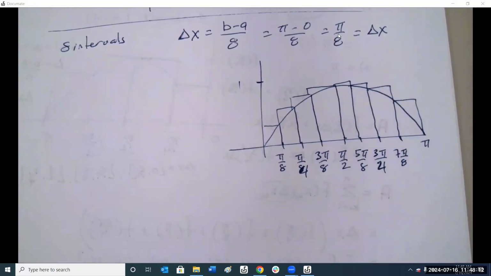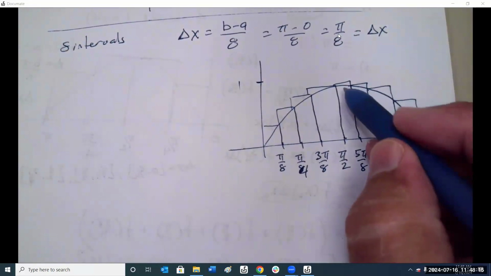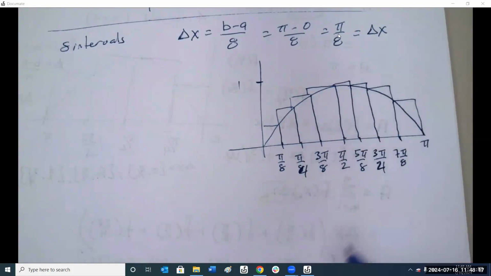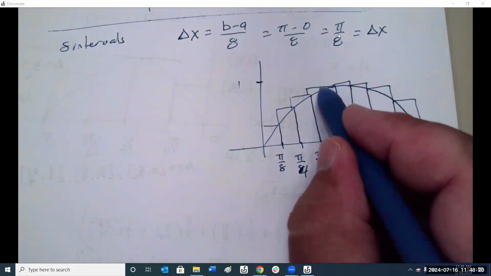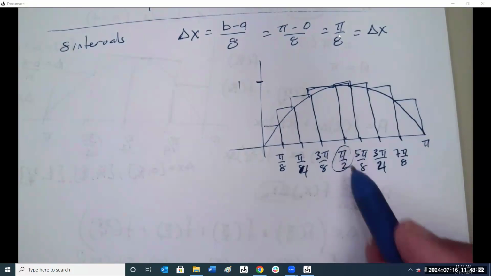Notice how whenever we have a dome, the middle point will be counted twice because we have to have one for this side and one for this side at pi over 2.